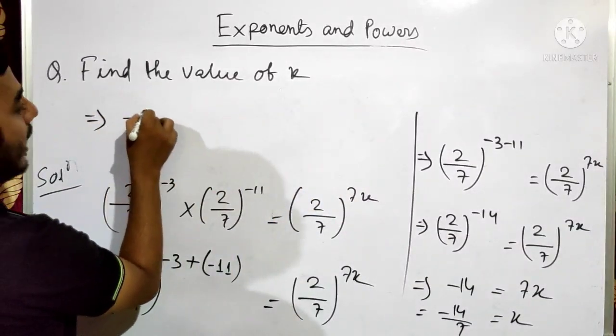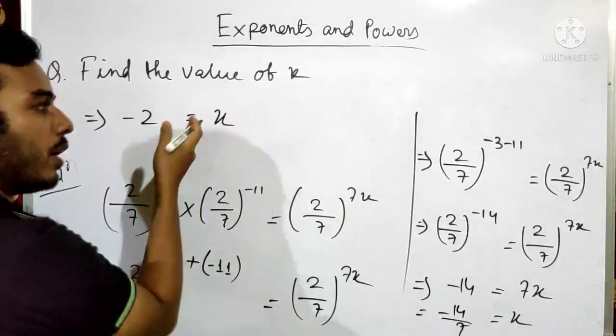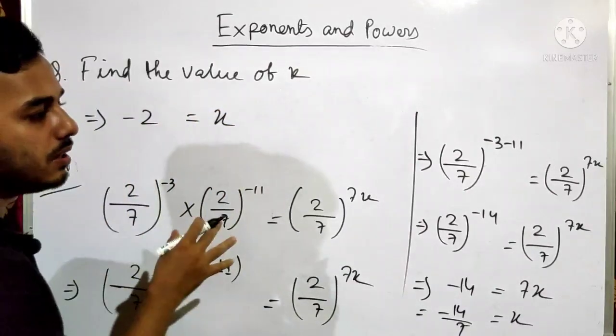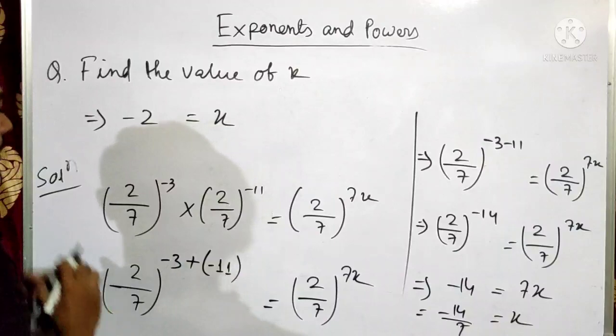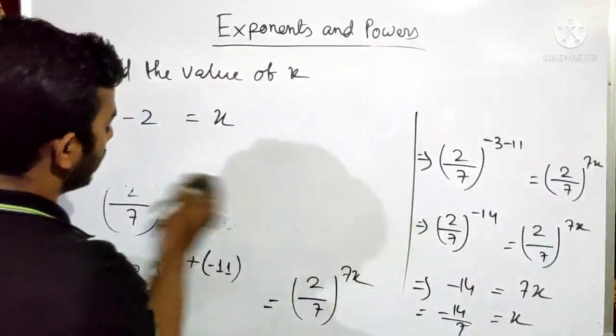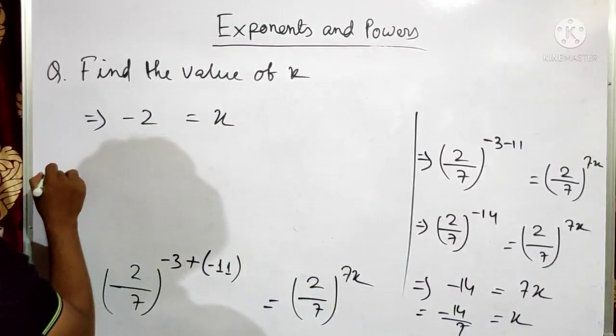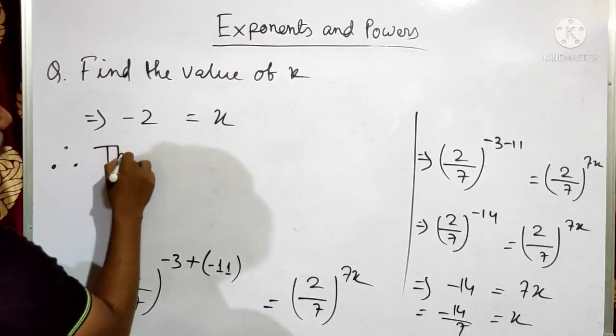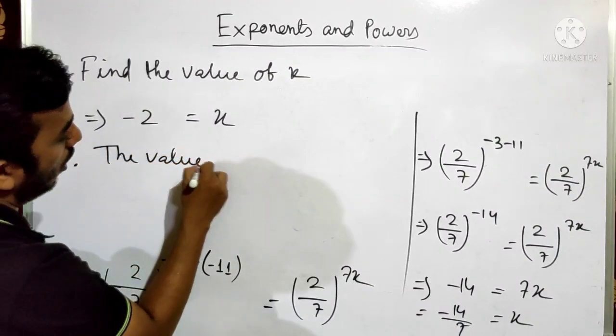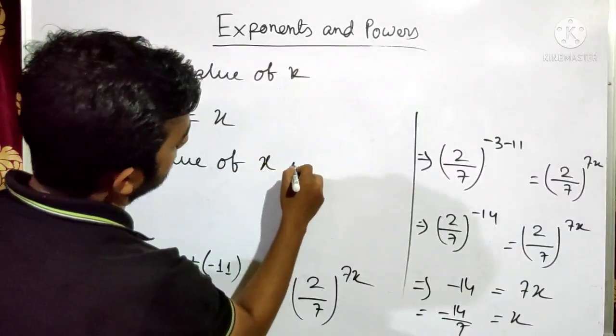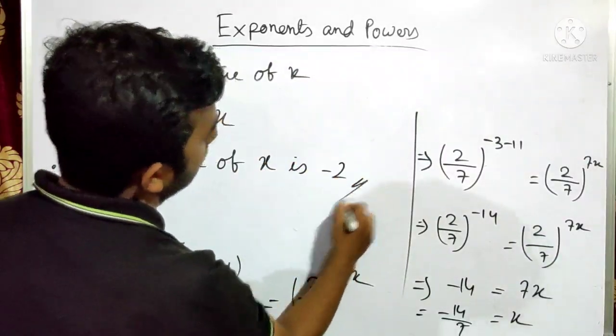So we can write minus 2 equals x. So we have found the value of x. It's very easy, isn't it? Enjoy the class. So now we'll write: therefore the value of x is minus 2.